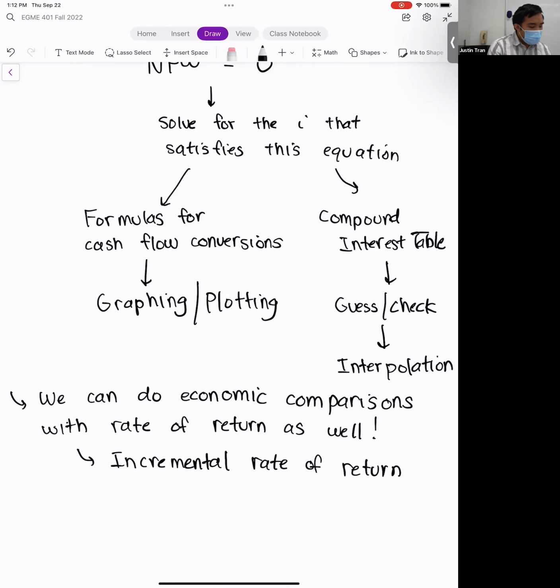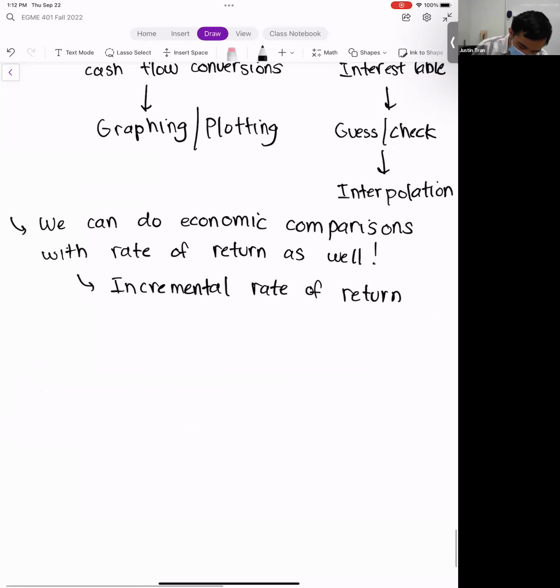So let's do a simple example here just to illustrate this. This example is going to be pretty simple, so we're not going to need any of the compound interest tables, but I just want to illustrate this idea of incremental rate of return.